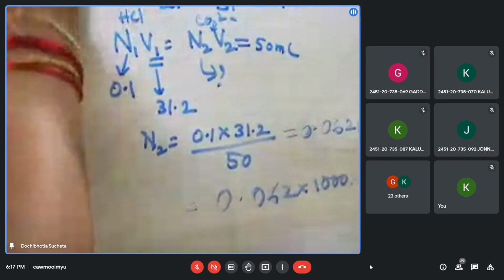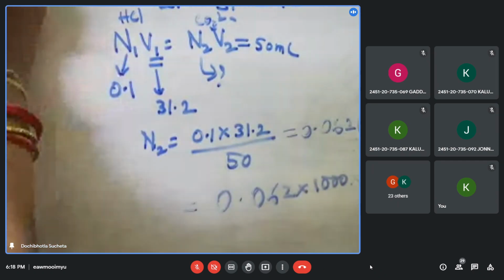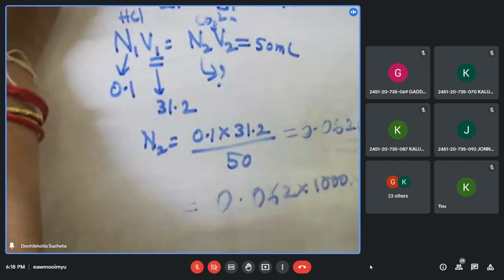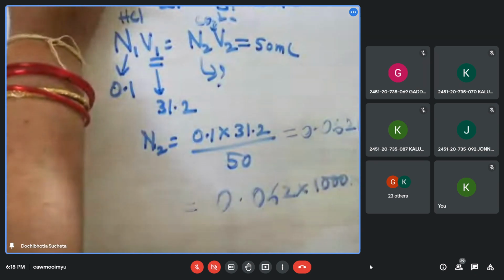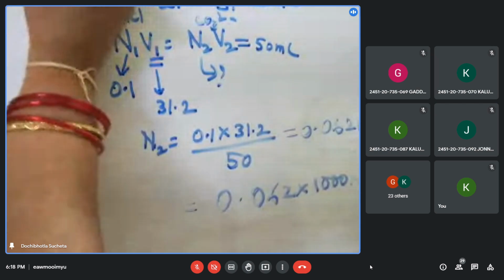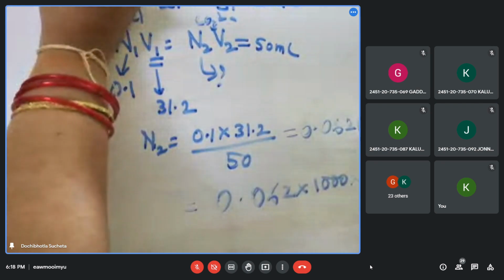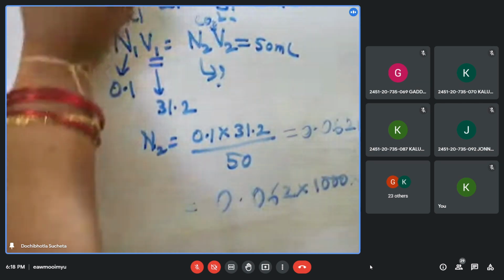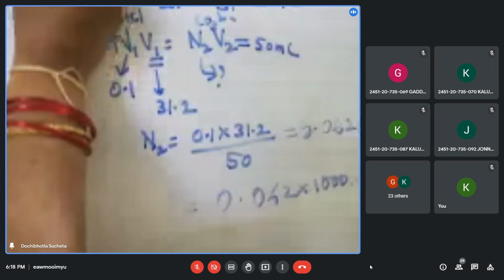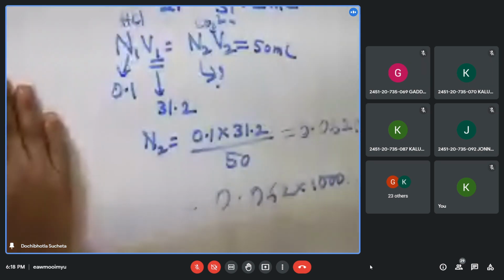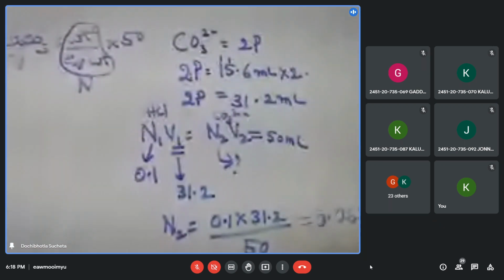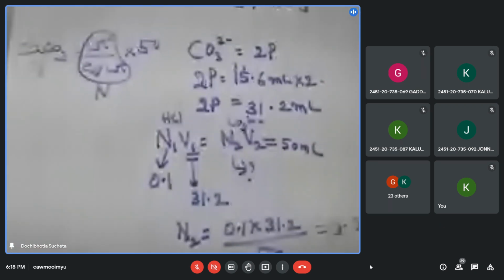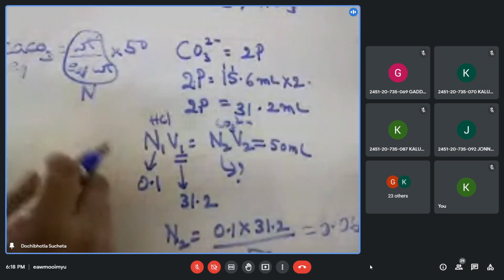So what is the formula that is used for calculation of calcium carbonate equivalents? Calcium carbonate equivalence is equal to weight by equivalent weight of the salt into 50. Weight by equivalent weight is nothing but normality. This is the important question that they are asking for numerical.